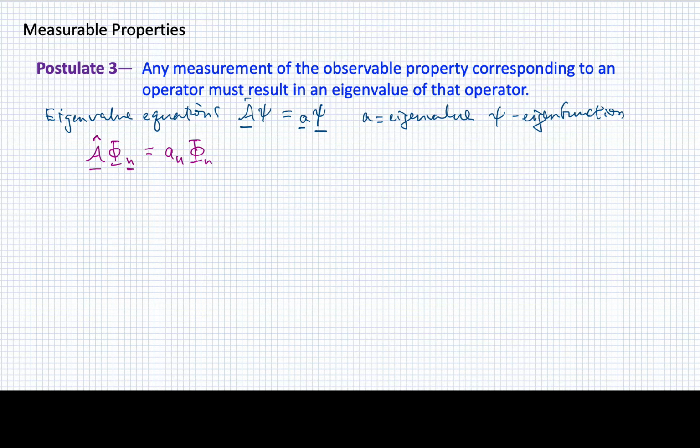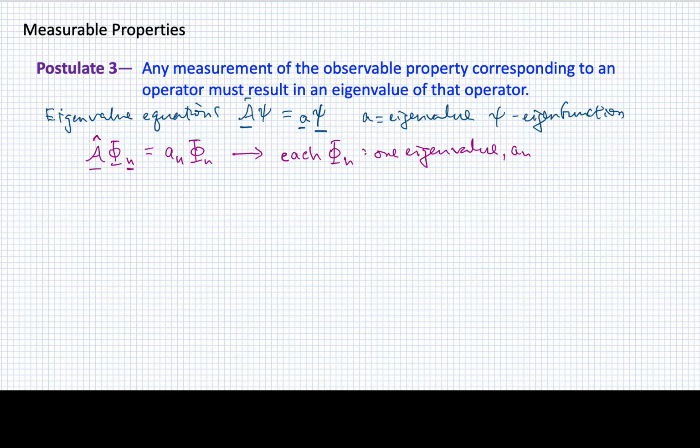Now, what we can say about this particular relationship is that each of these eigenfunctions, phi sub n, results in one eigenvalue. So in other words, if you have an eigenfunction, it's got an eigenvalue. It doesn't have more than one eigenvalue. It has just one eigenvalue.